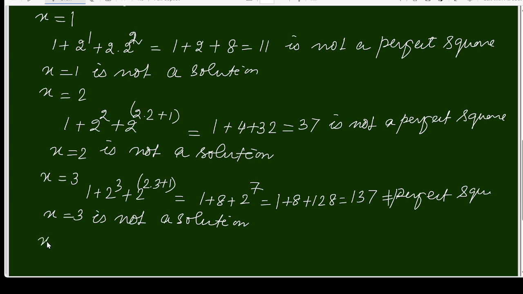Similarly, I'll go for negative values. For x equal to negative 1, 1 plus 2 to the power x plus 2 to the power (2x plus 1) will be 2, which is not a perfect square.